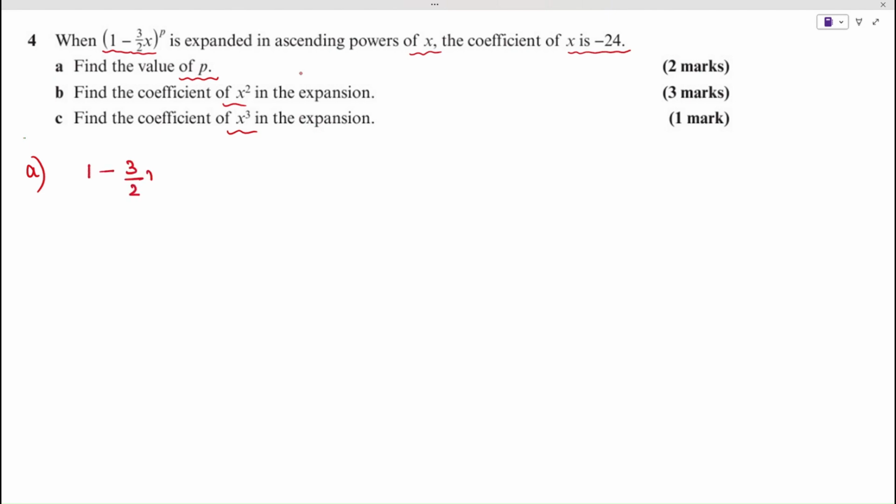When expanding this out, we're going to start off with doing the first 4 terms in ascending powers of x so that it covers all aspects of the question.